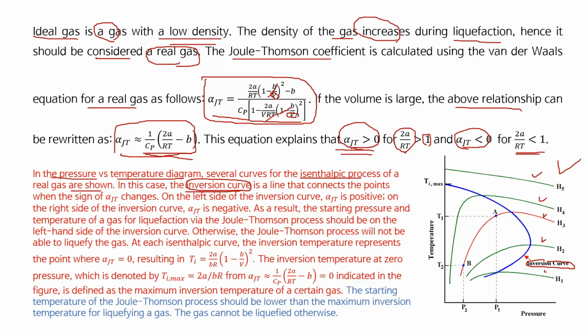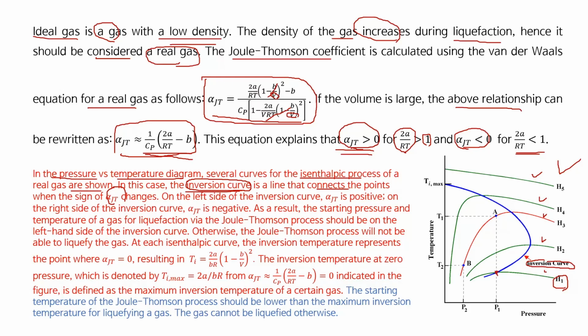So this inversion curve is a line that connects the points when the sign of alpha JT changes. You can see here, for example, H1 as an isenthalpic curve, on the right side, this is the point on the inversion curve.